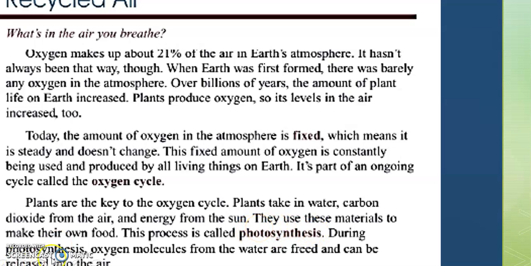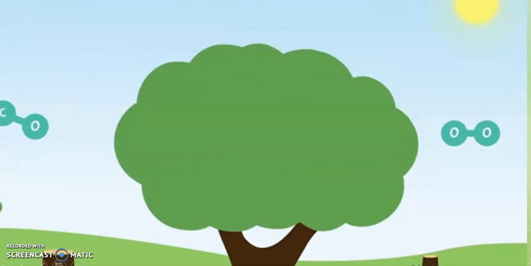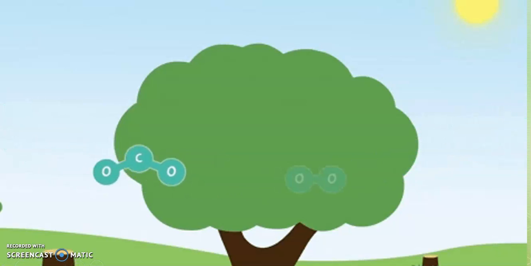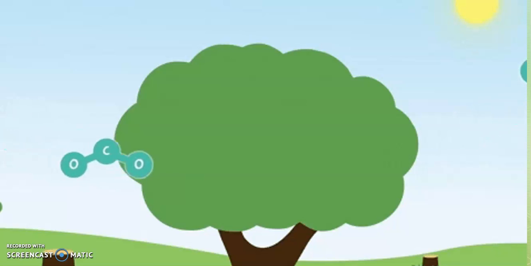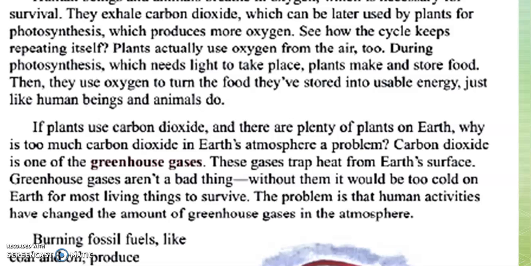During photosynthesis, oxygen molecules from the water are freed and can be released into the air. This is the process of photosynthesis. As you see in the picture, plants produce the oxygen we need. With this oxygen, we can breathe and we are alive, right? So plants are an important actor in this process.